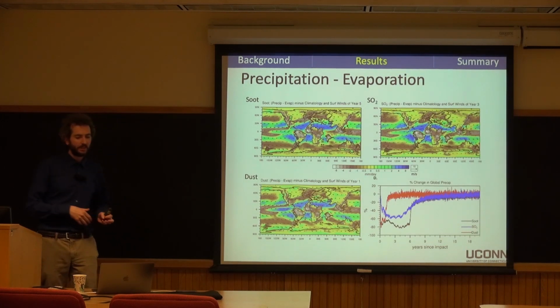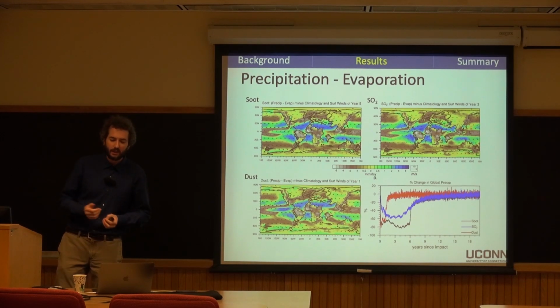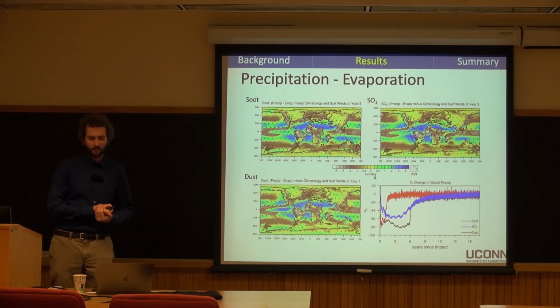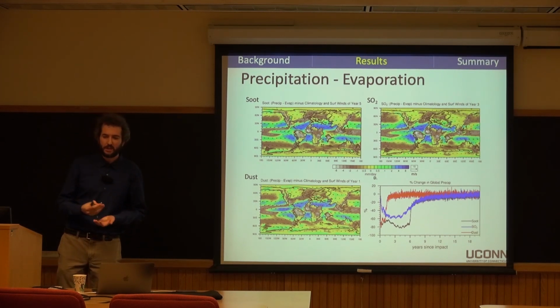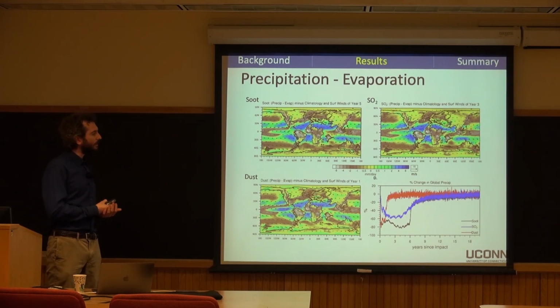All right, so if we again try to put this a little bit more into context, looking at how this might impact life on Earth, here I'm showing precipitation minus evaporation. And it's a somewhat different picture than you might expect based just on the precipitation response. So precipitation is decreasing almost everywhere on Earth, particularly in the soot scenario.